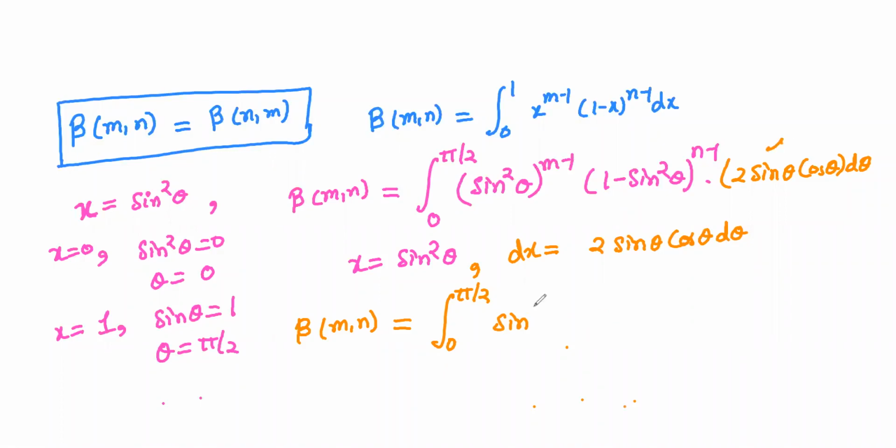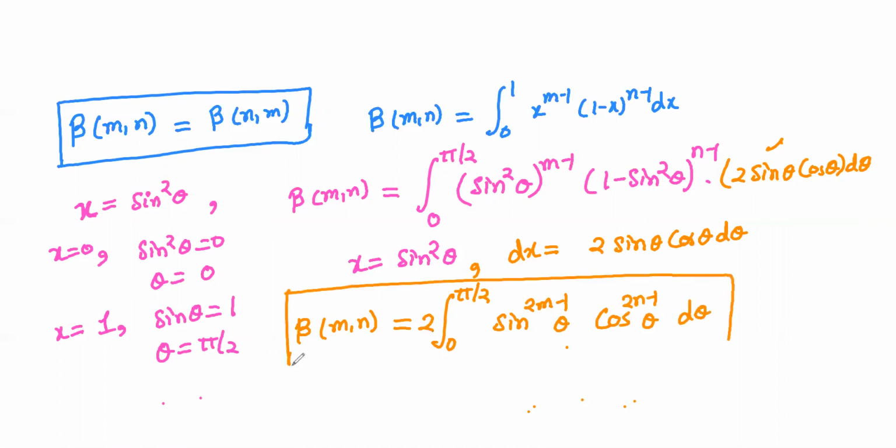So can I write sine 2m minus 1 theta, and 1 minus sine square theta is cos square theta, so it will be cos 2n minus 1 theta, and it is 2 theta. So 2 will come out, and it will be d theta. So beta(m, n) will be given by this one, and this is named as Euler's integral. This is termed as Euler's integral of the first kind.